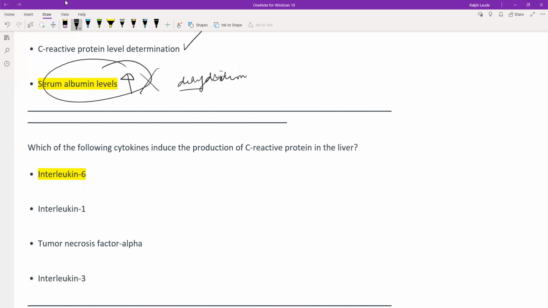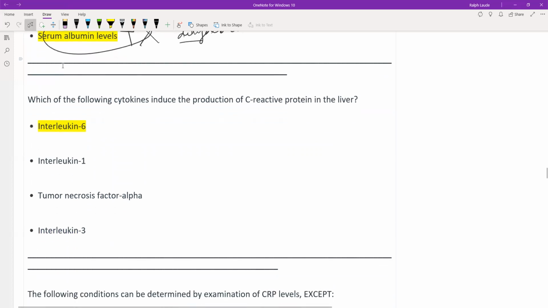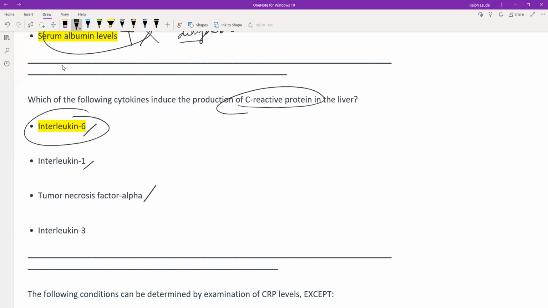So which of the following cytokines induce the production of C-reactive protein in the liver? Although acute phase reactant production is dependent on the following substances, you have interleukin 6, interleukin 1, and TNF alpha. But of course, for the production of CRP, it is mainly due to interleukin 6.